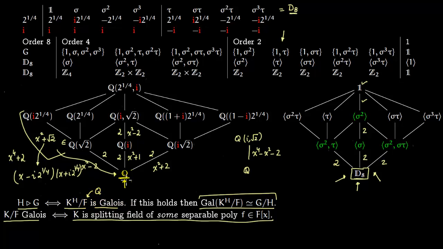So your base field is fixed to be the rational numbers. So your reference point is this, not something in between. So now we know which extensions are Galois. So this is Galois, this is Galois, this is Galois, this is Galois, and this one is Galois. Others are not Galois.